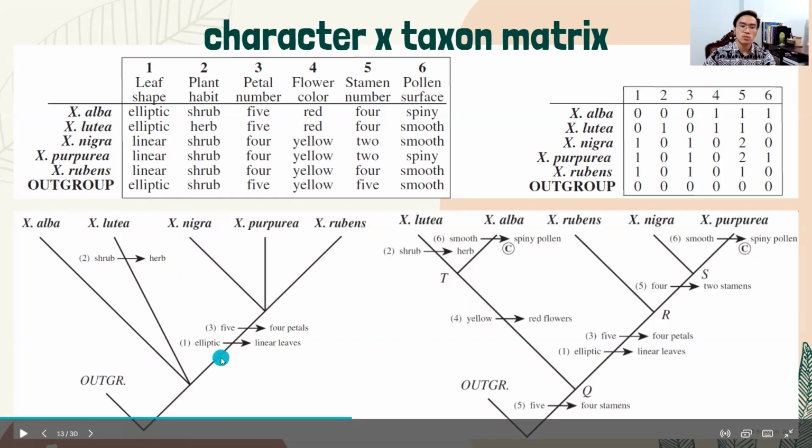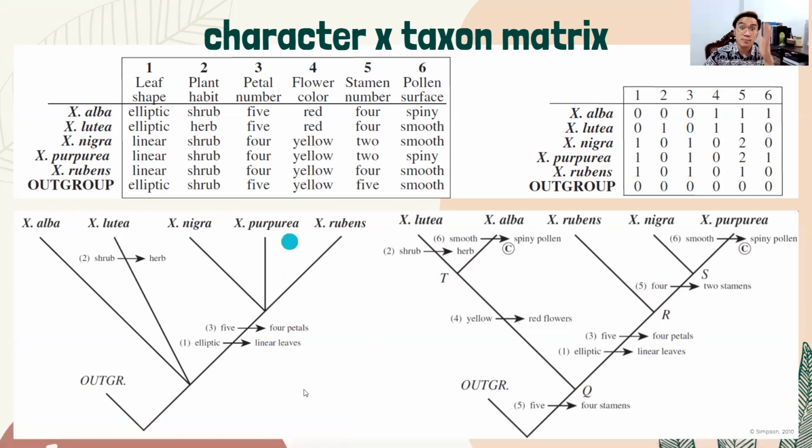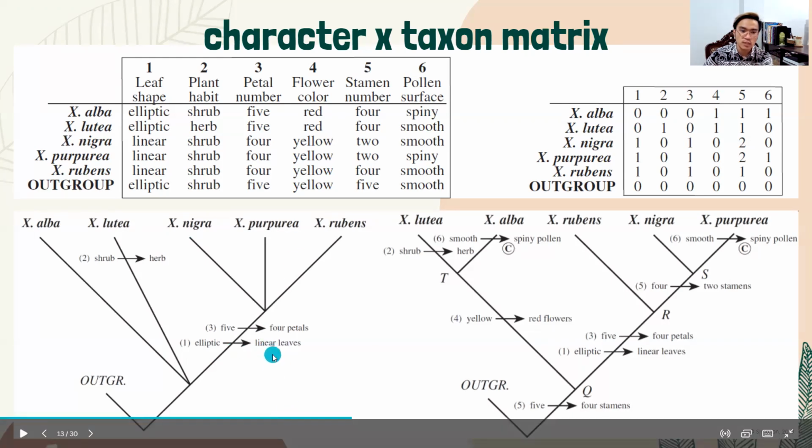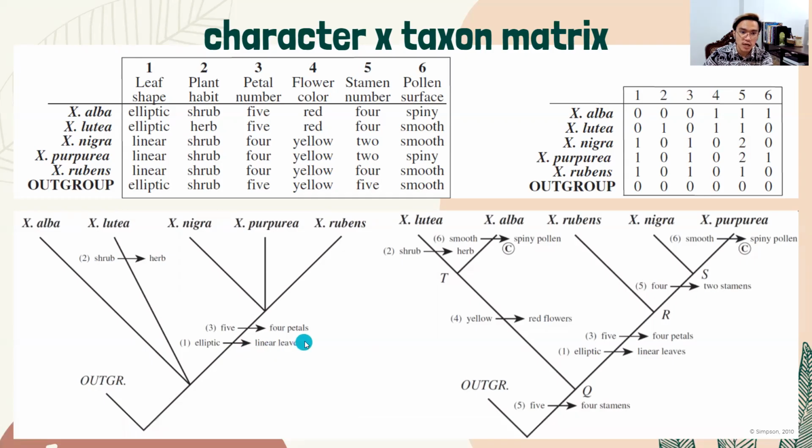The way to interpret this tree is that at this point, remember there's a time element in the phylogenetic tree, the leaf transformed from being elliptic to linear, and that linear leaf was inherited by all members, in this case all three species, X nigra, X purpurea, and X rubens.